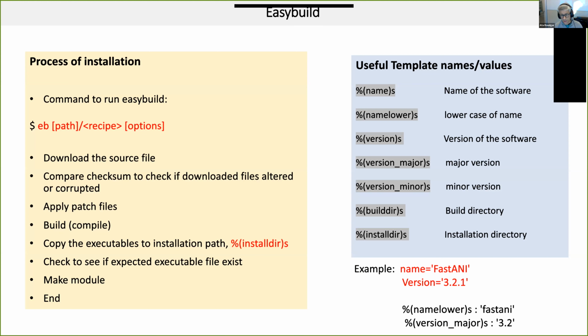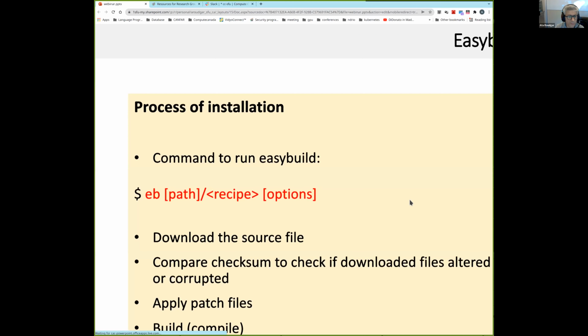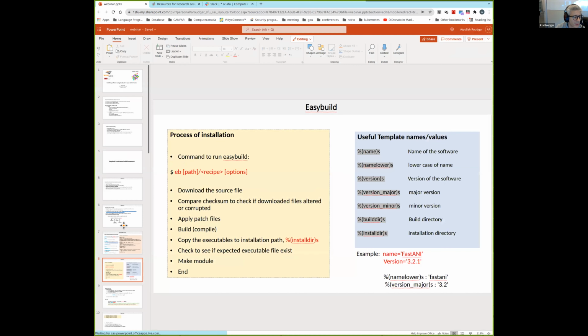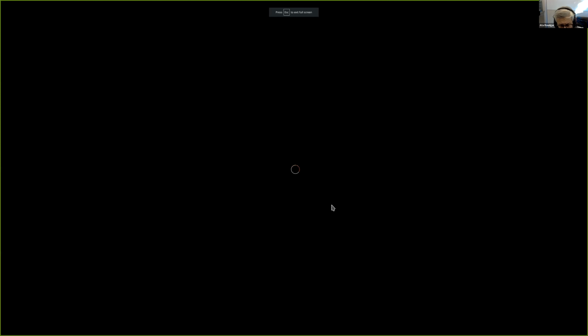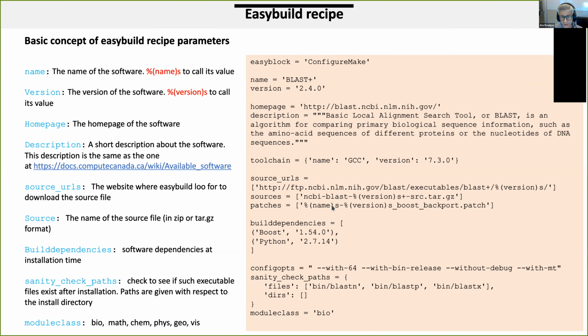If I can go back to here, if you see here, the first line is easyblock, is ConfigureMake. That means we expect the software use configure, make, and make install, exactly what I explained in the traditional.